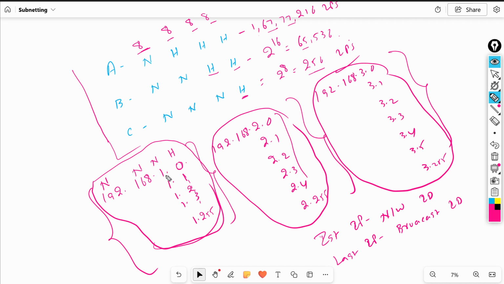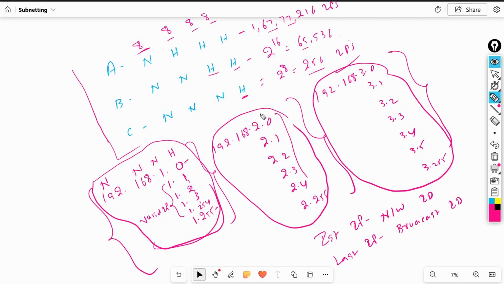For example, in the 192.168.1.0 network, 1.0 is the network ID, 1.255 is the broadcast ID. So 1.1 to 1.254 are valid IPs. Remember this point. Valid IP means we can use these IPs. We can assign these IPs to systems. 1.0 and 1.255 cannot be assigned to any device.